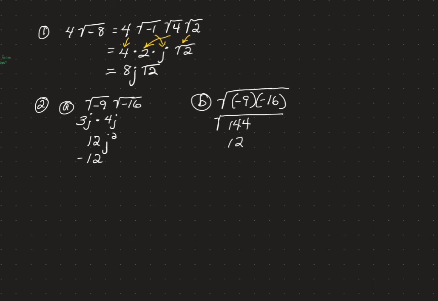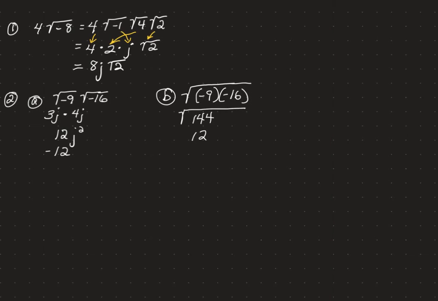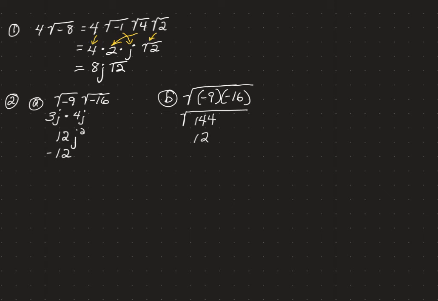So let's look at an example where we're going to do some subtraction. This will be example 3. Let's look at 5 minus 2 times the square root of 25j squared. Interesting. J squared under there.